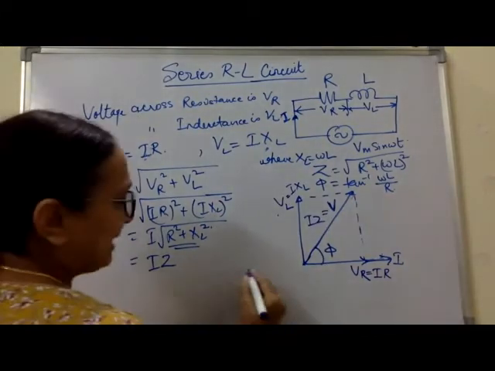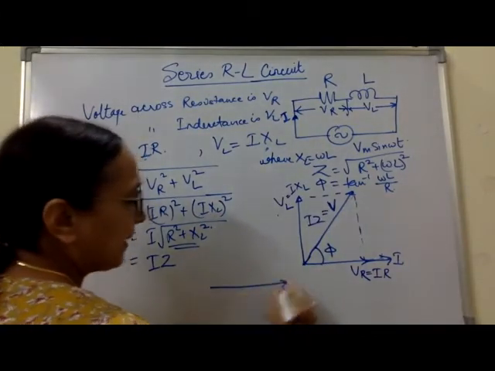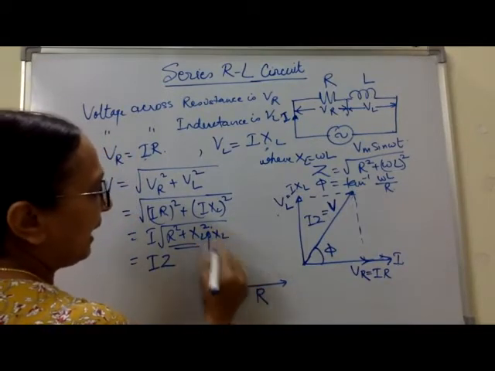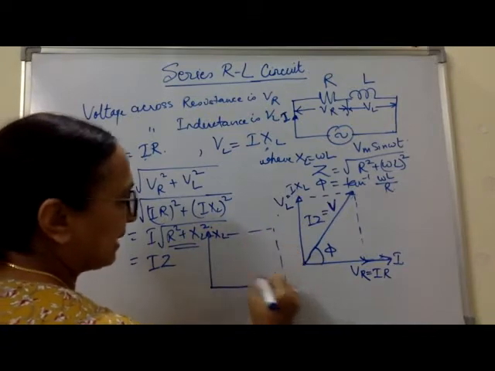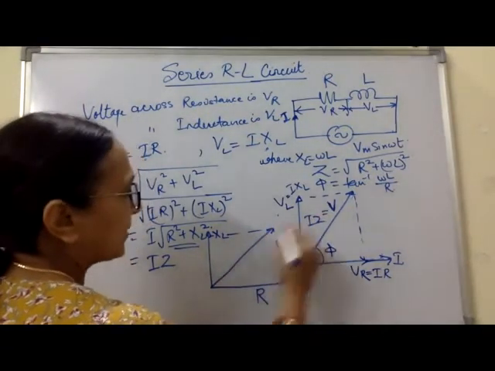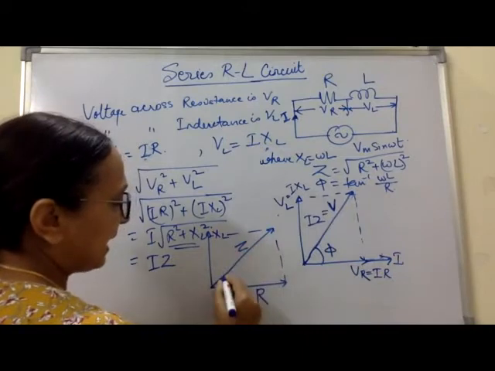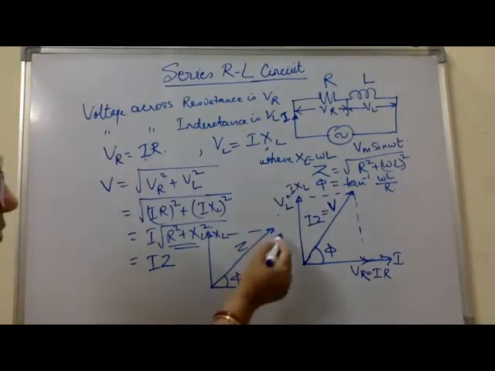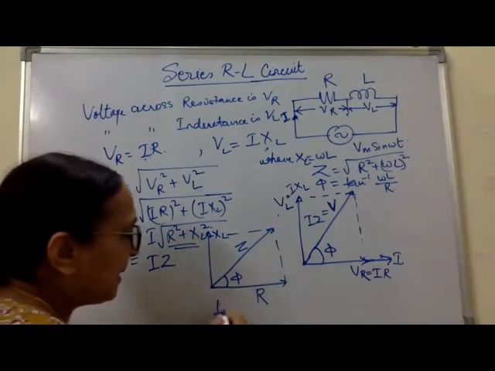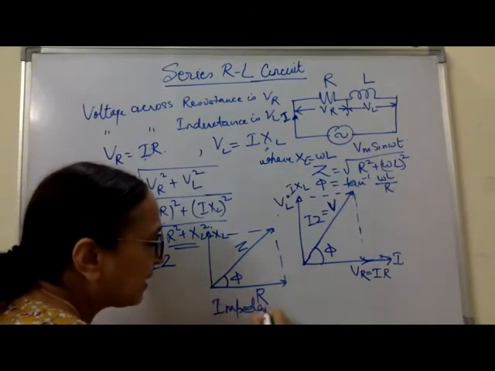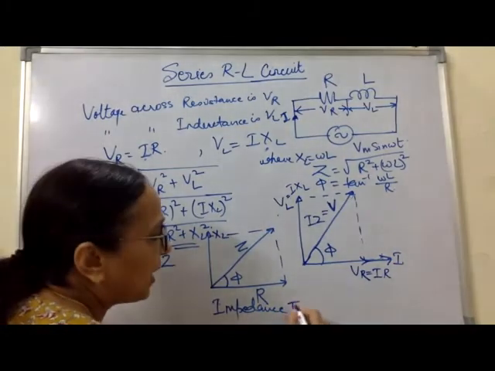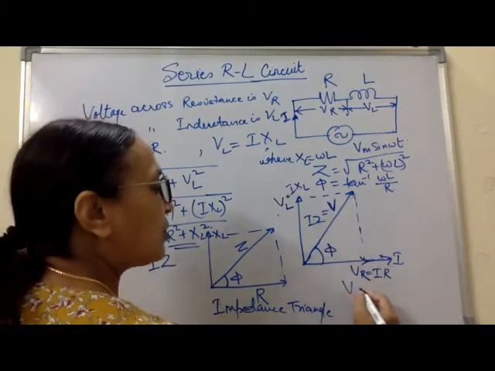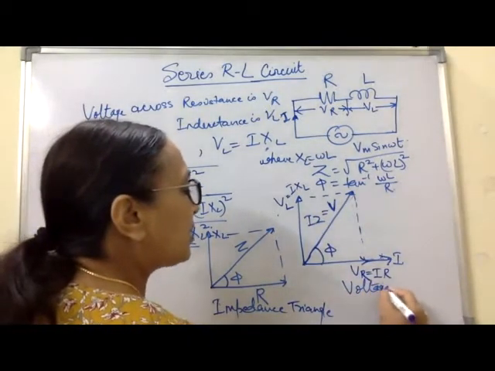You will get this will be R, this is your XL, and the resultant as V, this will be Z, and this is your angle phi. So over here, this is known as the impedance triangle. This is your impedance triangle, and the one which we had drawn with the help of voltage is known as the voltage triangle.